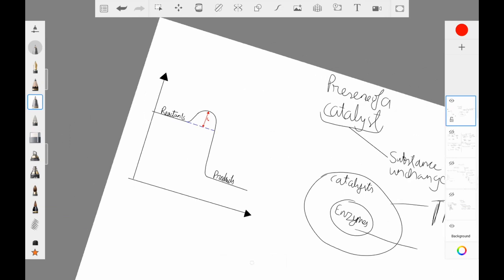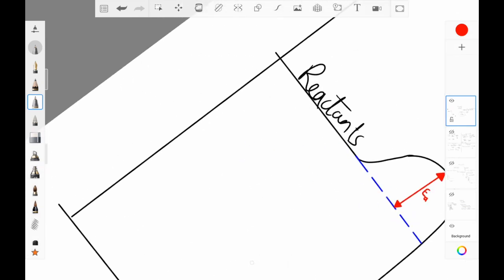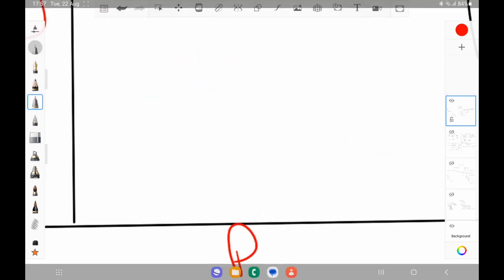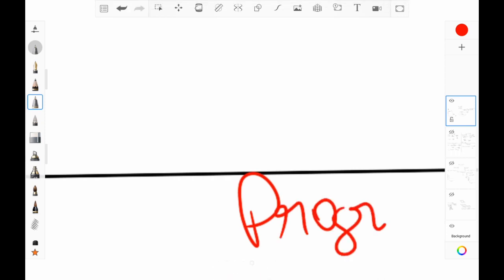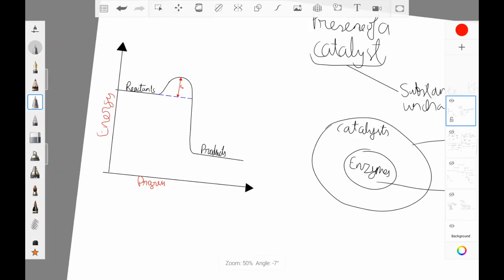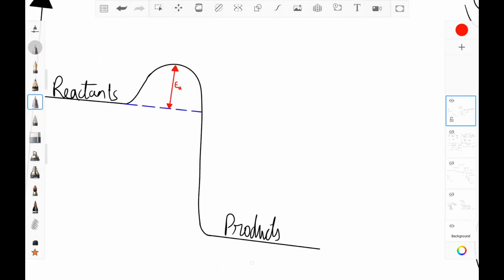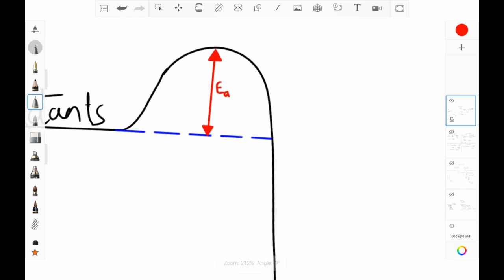Right, so here we have a reaction pathway diagram where you have energy on the y-axis and the reaction progress on the x-axis. Now, the main thing I want to point out here, whether your reaction is exothermic or endothermic, that doesn't matter.